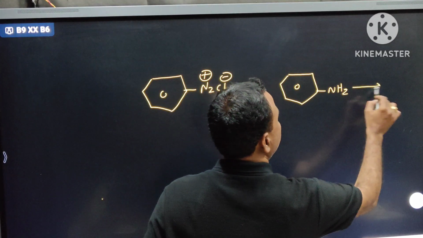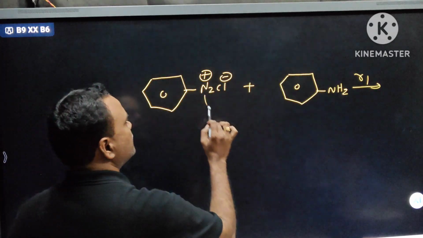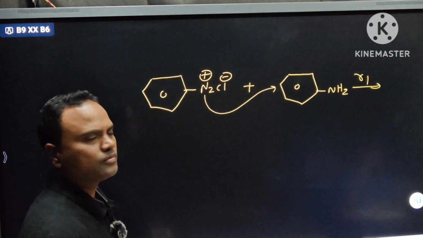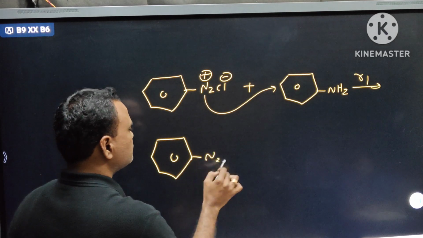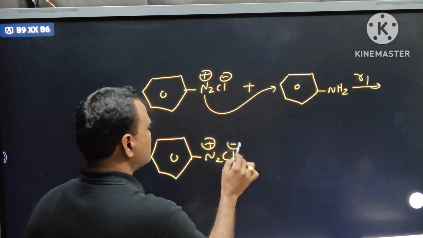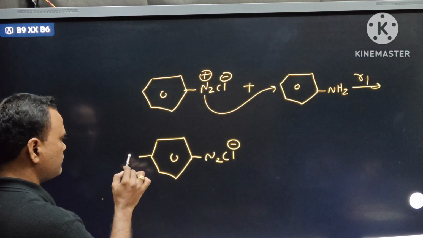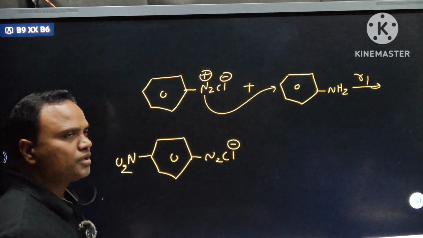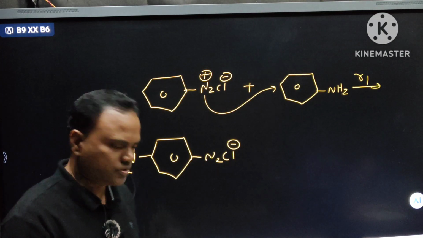Let us consider its rate as R1. It attaches to the para position. See the difference. Now NO2, a strong withdrawing group, is attached.